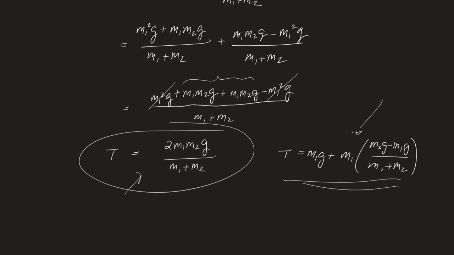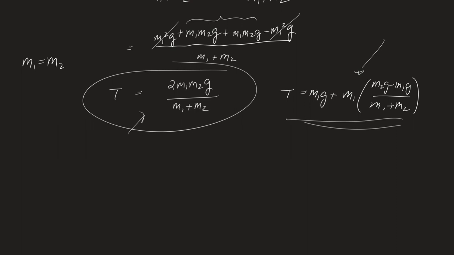But also, think of this. We have a simple test to see if it's right. What happens when m1 equals m2? We know what the answer should be. When m1 equals m2, just get rid of those little markers here. That means they're both m.